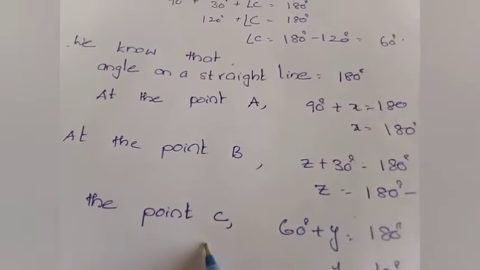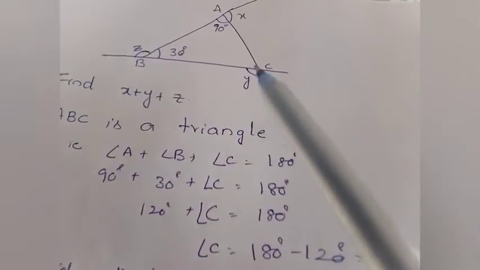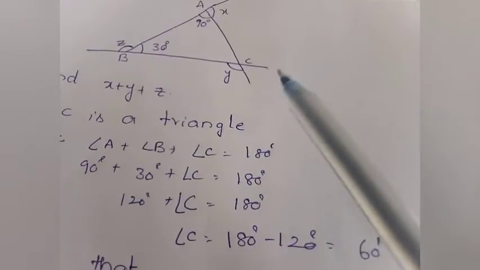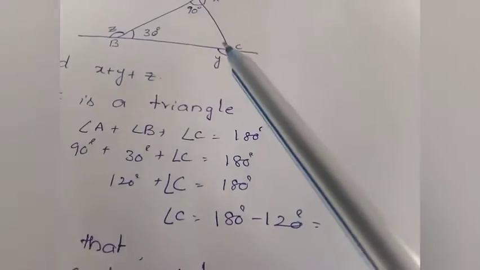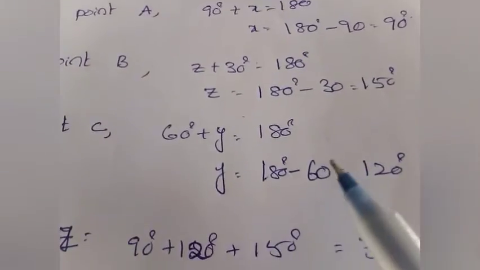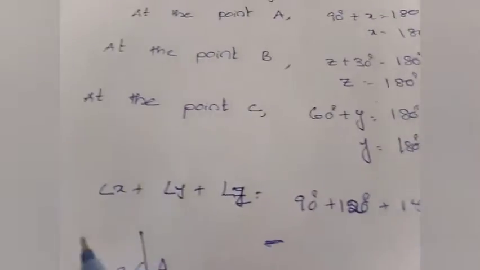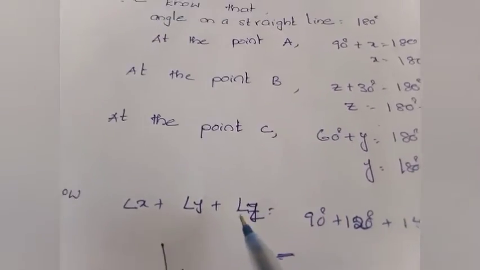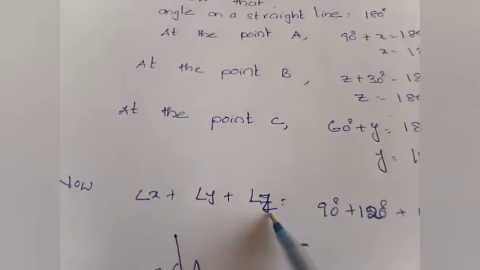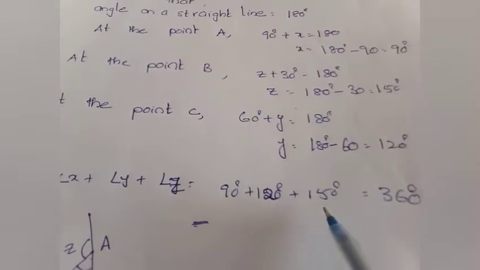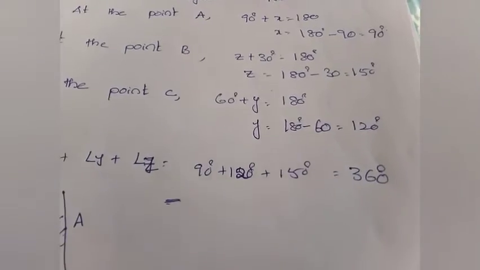At the point C, we found the value of C is 60. So 60 plus y is equal to 180. So y is equal to 180 minus 60, that is 120. Angle x plus angle y plus angle z is equal to 90 plus 120 plus 150, which is 360 degrees.